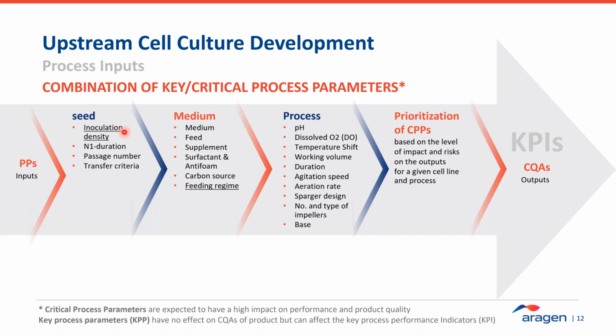I will come back to this example when I'm presenting the process outputs in the next slide. Generally, critical process parameters should have been prioritized based on the level and frequency of risks that they might cause. Now I'm going to the next slide to present more information to all of you about process outputs that can be impacted by process inputs.